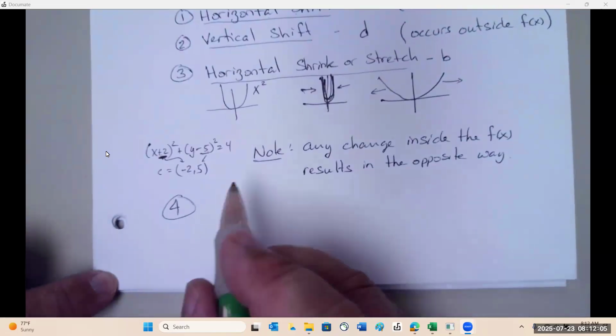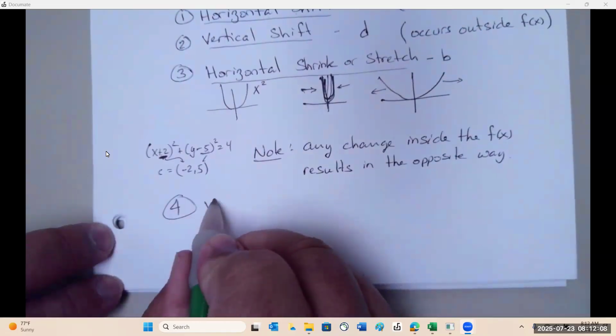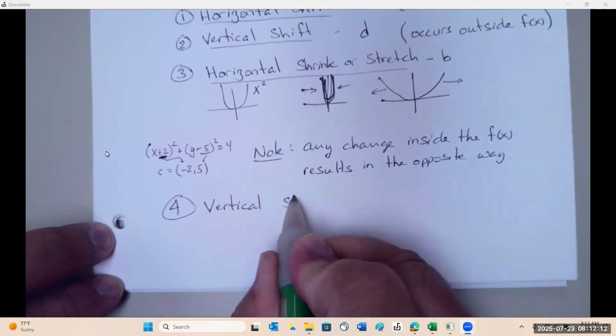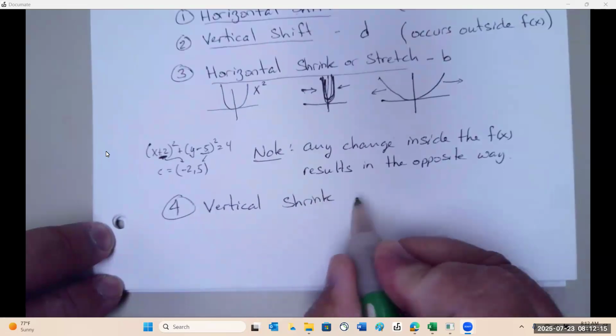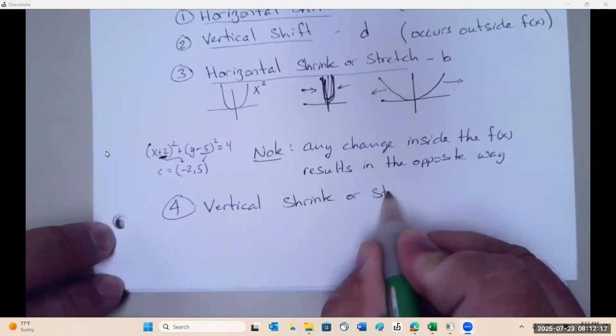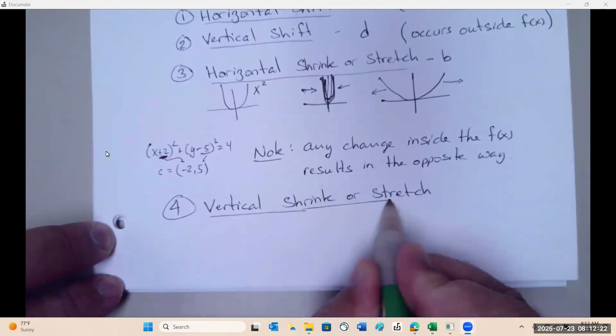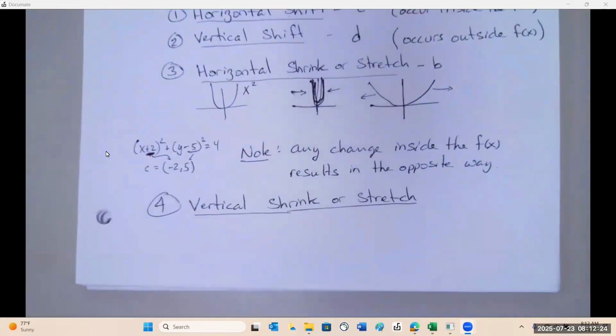And then the last transformation we're going to talk about is the vertical shrink or stretch. If it's vertical, where does it happen inside the function?